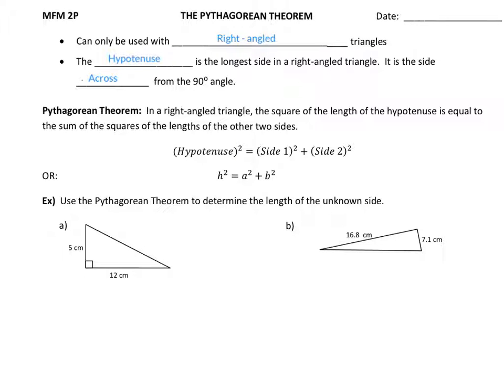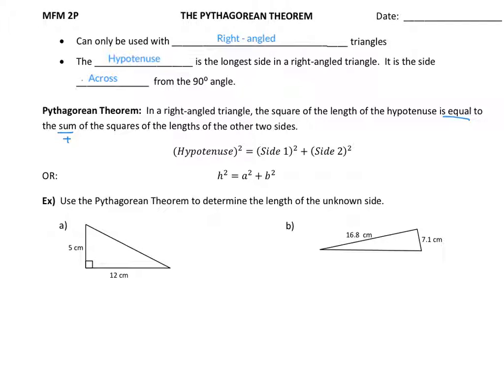Now the Pythagorean Theorem states that in a right-angled triangle, the square of the length of the hypotenuse, so if you take the length of the hypotenuse to the exponent of 2, will be equal to the sum, which means to add things together, of the squares of the lengths of the other two sides.